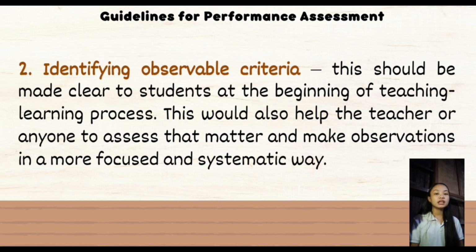Next, or the second guideline, is identifying observable criteria. This should be made clear to students at the beginning of the teaching and learning process. So the criteria should be made clear, or it should be informed ahead of time of the teaching learning process, because this would help the teacher or anyone to assess the performance and make observations in a more focused and systematic way. Now, why would this help the teacher?